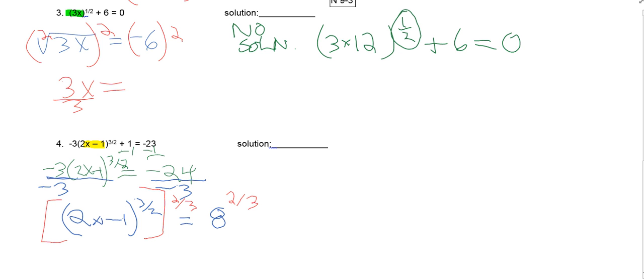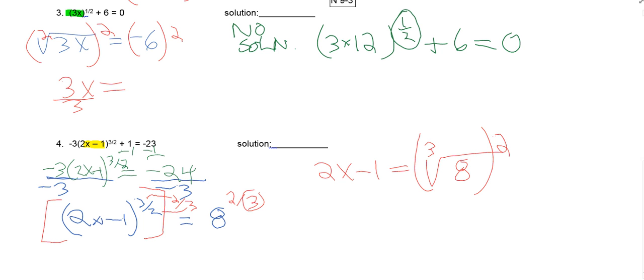When you distribute 2 to 3, you get 6. And when you distribute the denominators, you get 6. So 6 over 6 equals 1. And so the exponent is gone. So we have 2x minus 1 is equal to, and over here we'll put it in radical form. And you should be getting pretty good at these because it seems like this number keeps popping up over and over. The cube root of 8, of course, is only a positive 2 because that's an odd root.